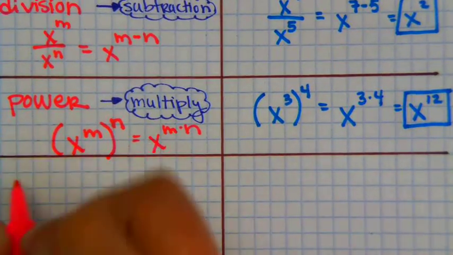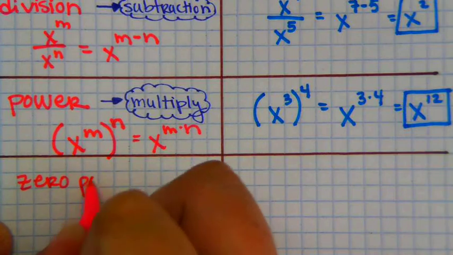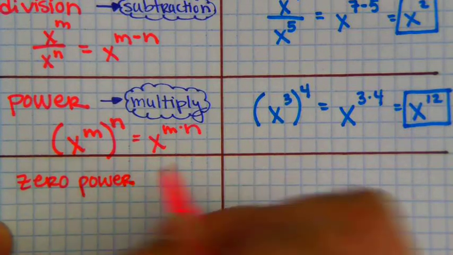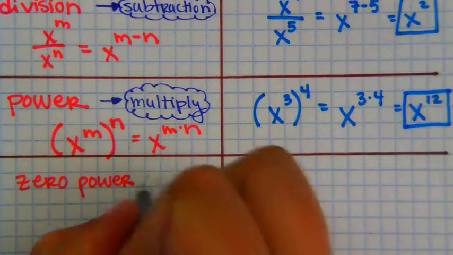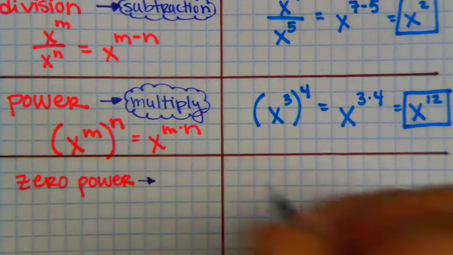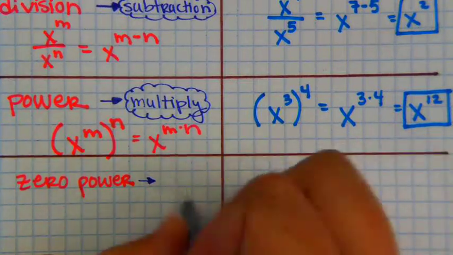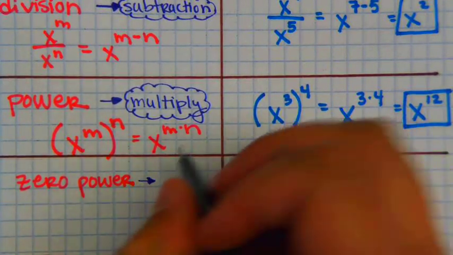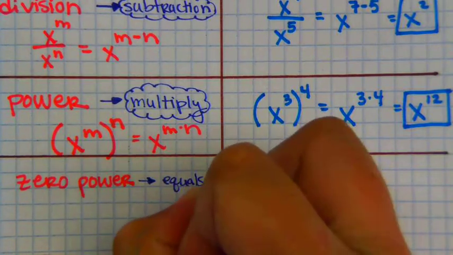Next, we'll talk about the 0 power. For the 0 power, anything raised to the 0 equals 1.